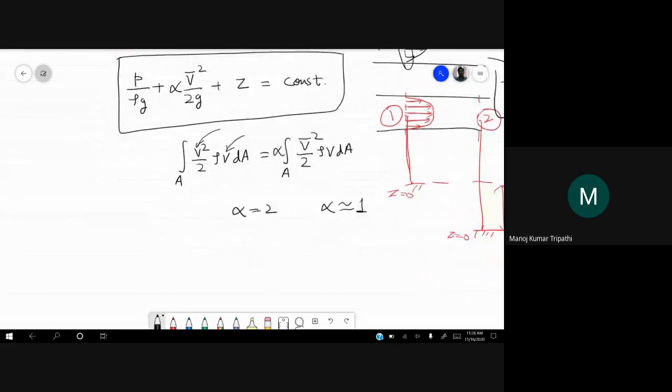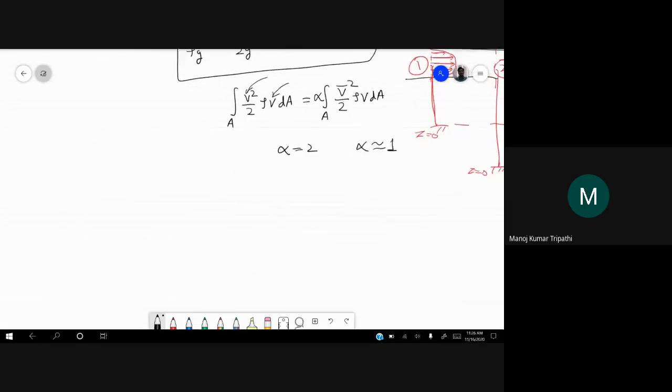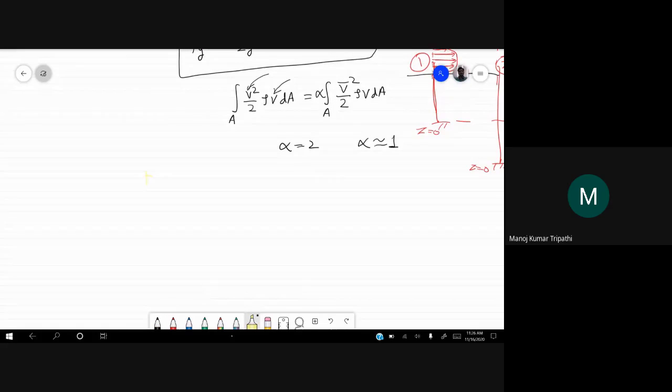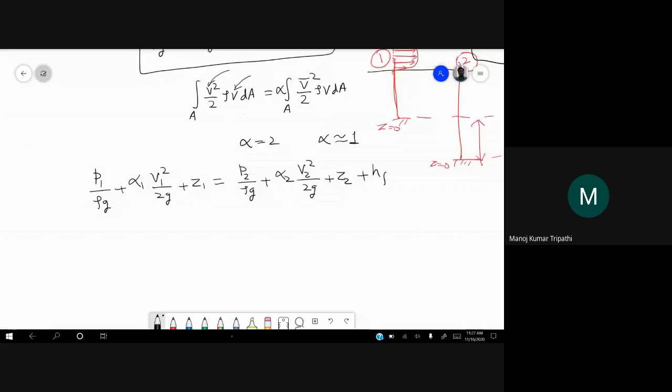Okay. So now the equation becomes P1 by rho g plus alpha 1 V1 square by 2g plus Z1 equals P2 by rho g plus alpha 2 V2 square by 2g plus Z2, and any other frictional losses that occur in between will be in the HF term.